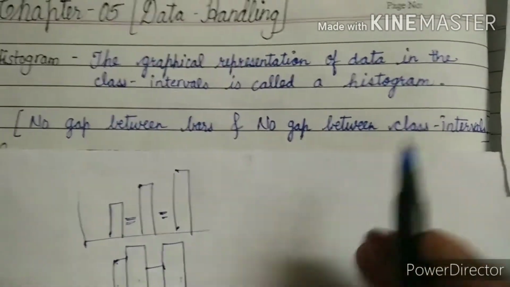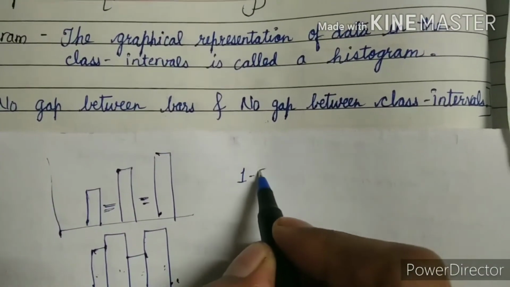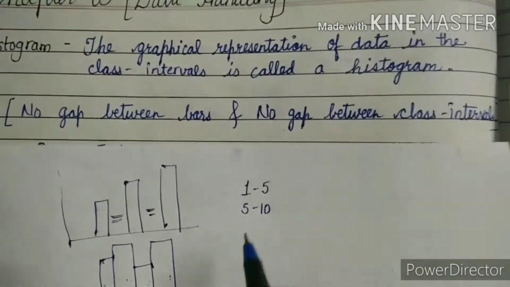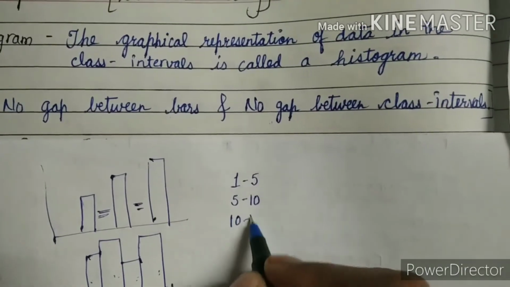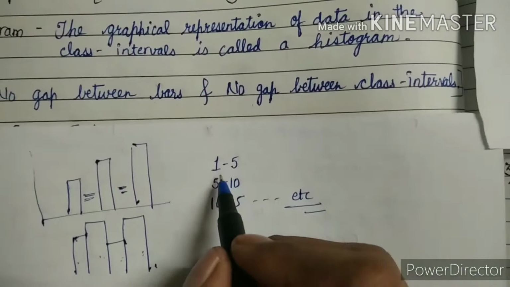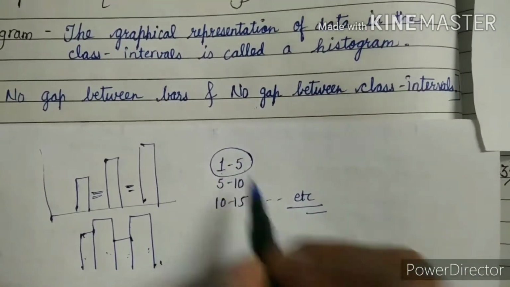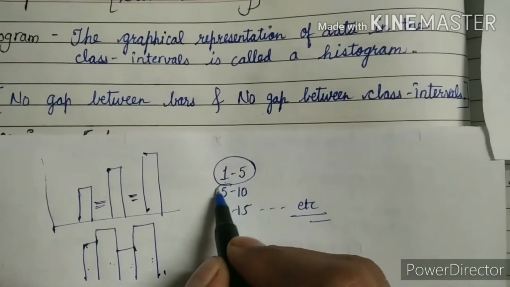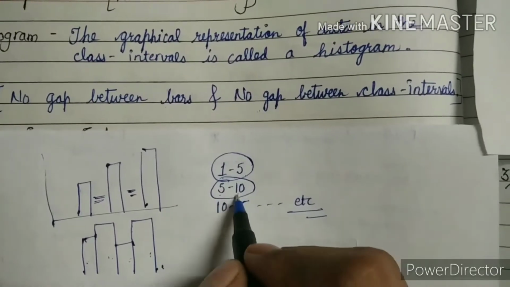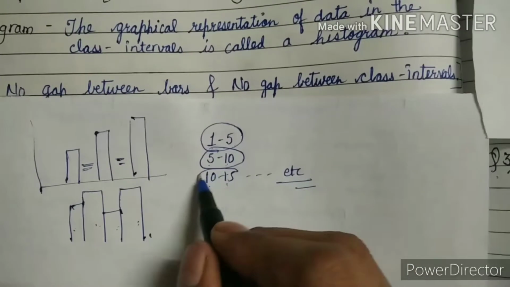It means in the class intervals the data is given in this way: 1 to 5, then 5 to 10, then 10 to 15, and this continues. All the data between 1 and 5 comes in the 1 to 5 range, the data between 5 and 10 comes in the 5 to 10 range, and the data between 10 and 15 comes in this range.